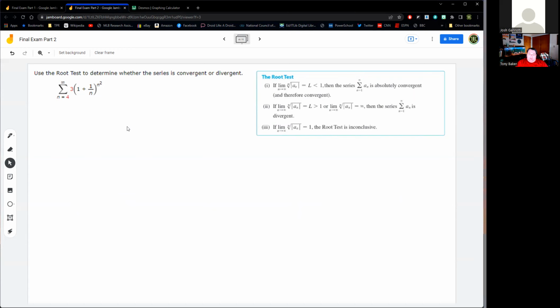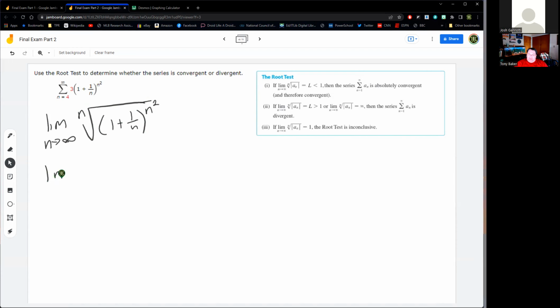So we can pull the 3 out so I don't have to worry about the 3. We're just looking at the n part in there. So I've got the limit as n goes to infinity of the nth root of 1 plus 1 over n to the square. So those two things cancel out.